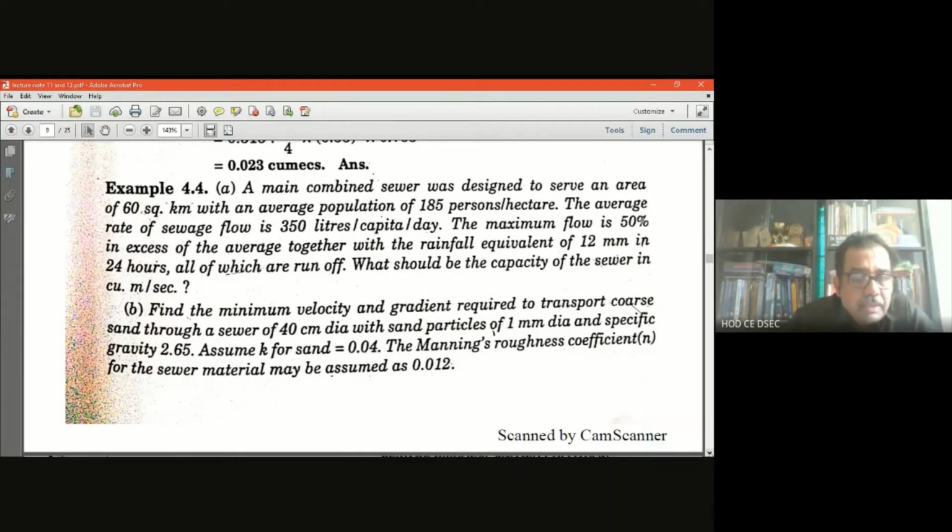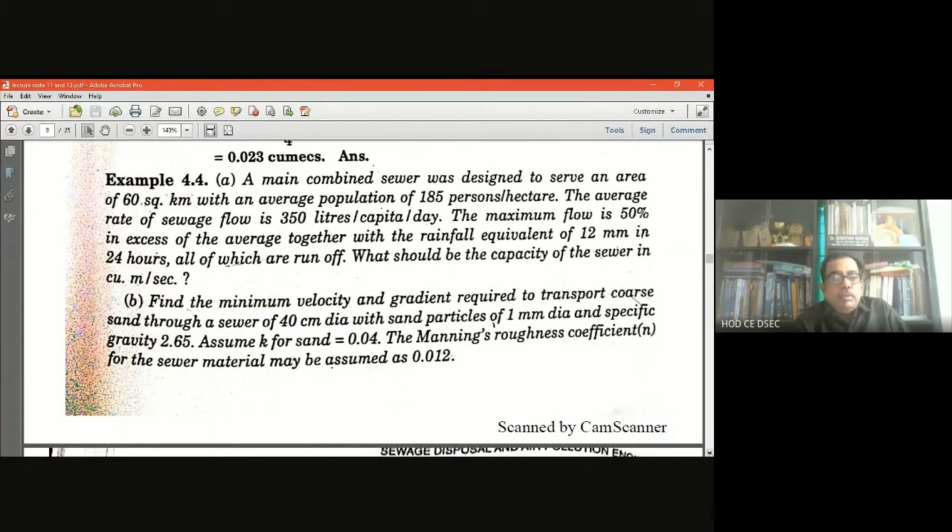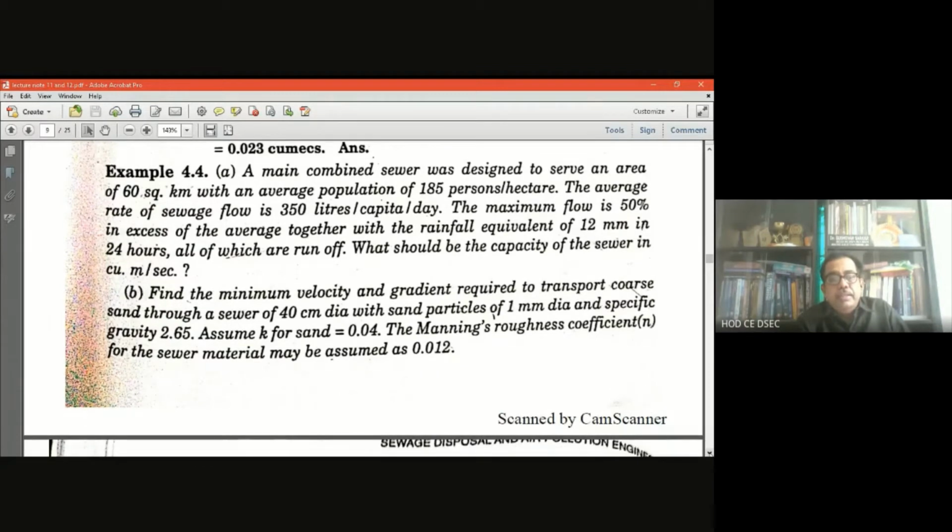In the second part of the same question, we need the minimum velocity and gradient required to transport coarse sand, the inorganic particle. The sewer diameter and the sand particle diameter are given, along with the specific gravity, K for sand, and the rugosity coefficient. You have to find out the minimum velocity and gradient.